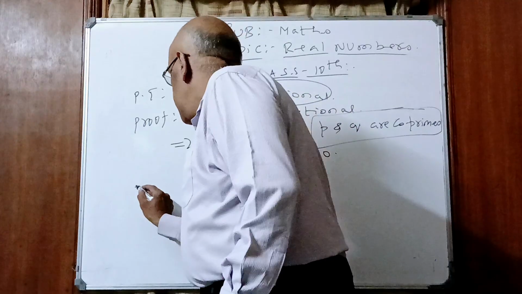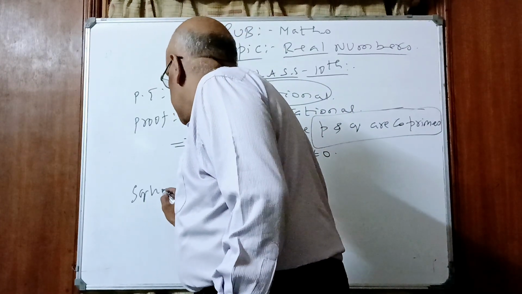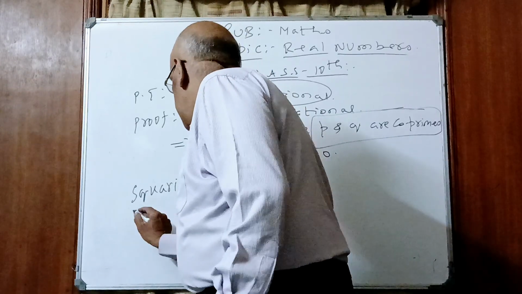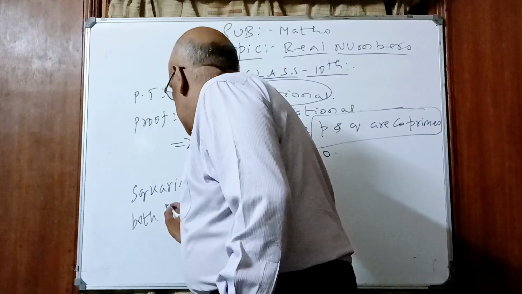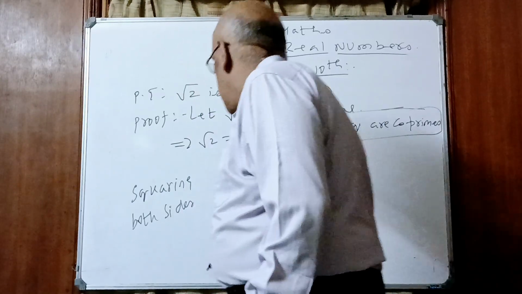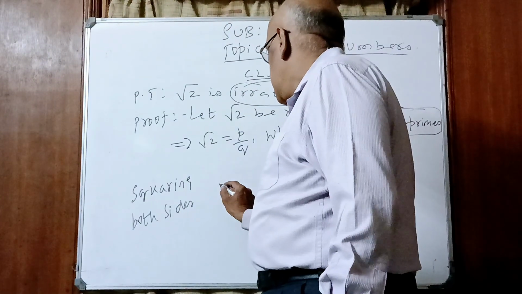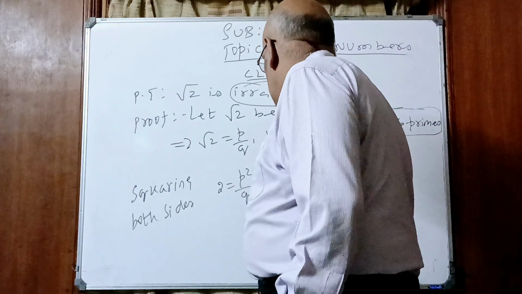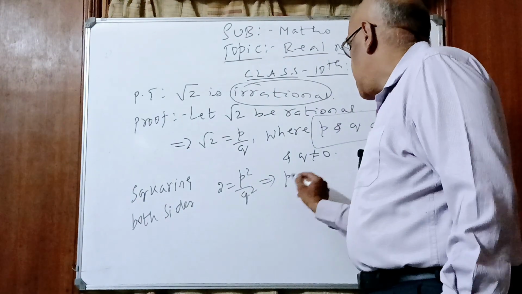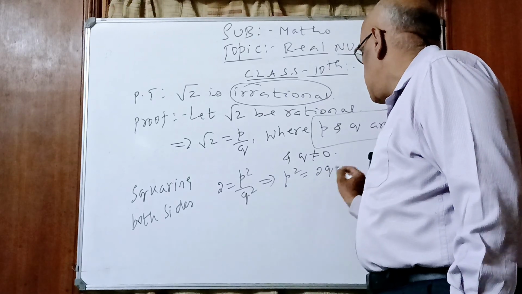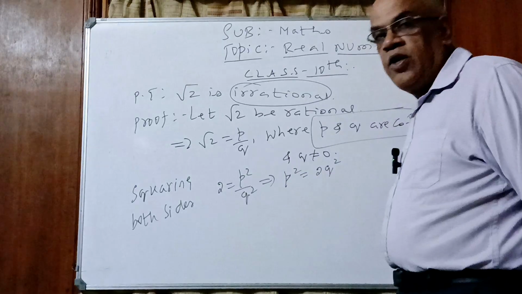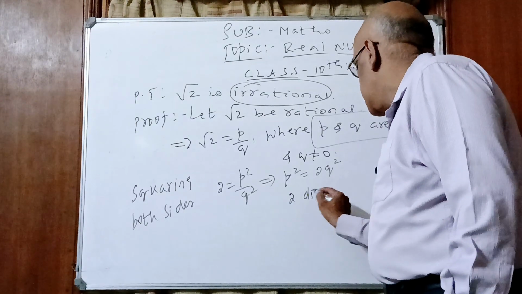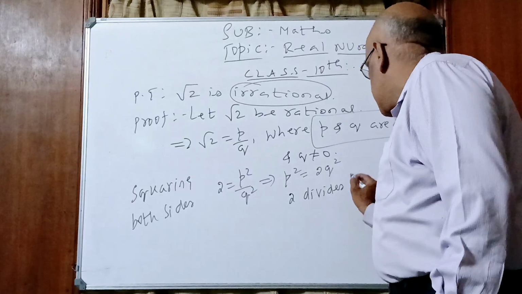Now, what is the next step, children? Squaring both sides. What do you get? Squaring both sides, root 2 square, 2, is equal to P square by Q square. What does it imply, children? P square is equal to 2Q square. Just now we proved. Yes or no? So what does it imply? 2 divides P square.